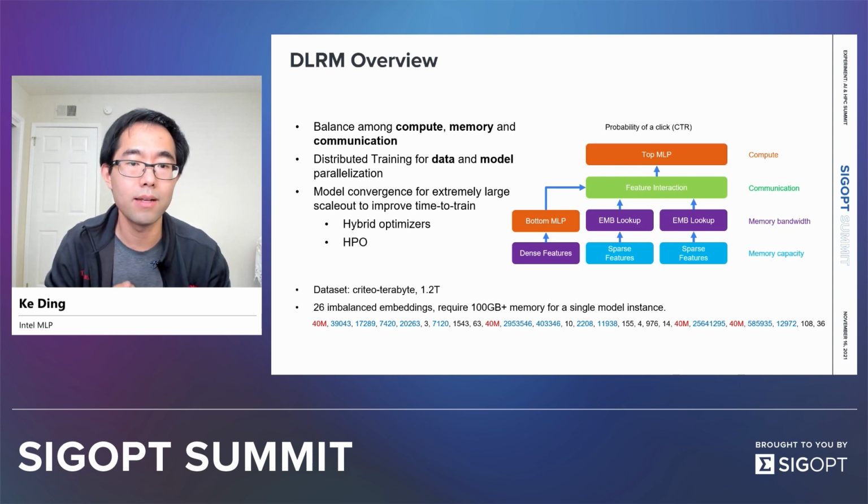To tackle these challenges, we implemented an efficient scale-out solution using data and model parallelization, a novel data loader, new hybrid SplitSGD plus LAMB optimizers, and efficient hyperparameter tuning for model convergence. I will introduce each of them in the following slides.